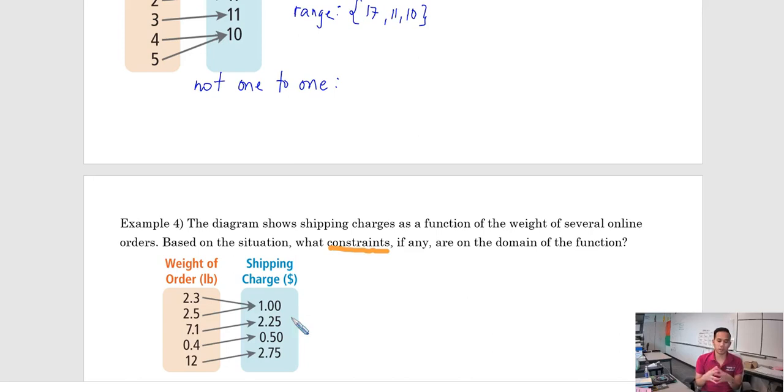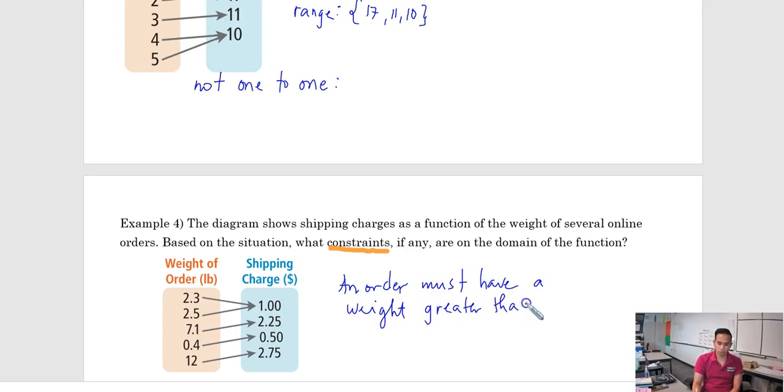So basically, the constraint here now is that an order must have a weight greater than, of course, 0.